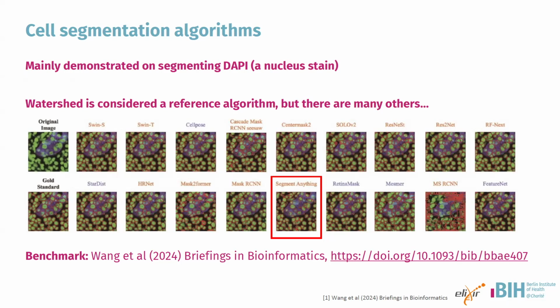There is a Segment Anything for microscopy as well. But I think generally in the field, the one that seems to be performing extremely well is Cellpose. They had a couple of iterations of this method. I think we're now at Cellpose 3, and it also allows you to retrain the method based on your local data, and the performance here is generally top tier.